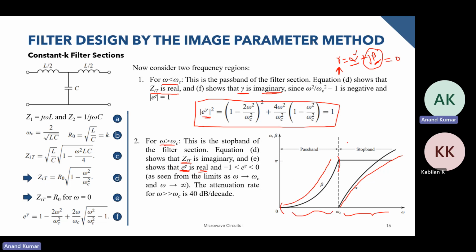So this particular two-port network that we defined, for which we found the propagation factor, shows that below a certain frequency we have a pass band, that is, we have propagation, and above that particular frequency we have high attenuation, that is a stop band. So you can see this nature that at lower frequencies we have pass band, and at higher frequencies we have stop band. So this acts like a low pass filter.